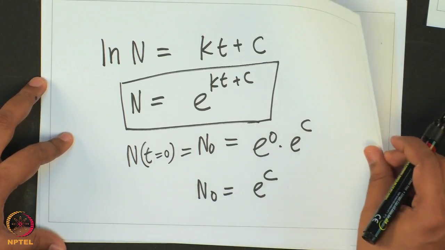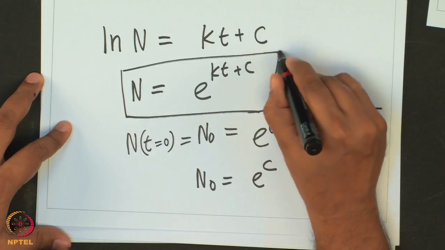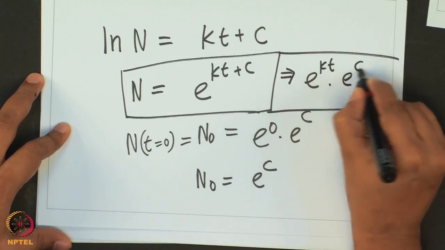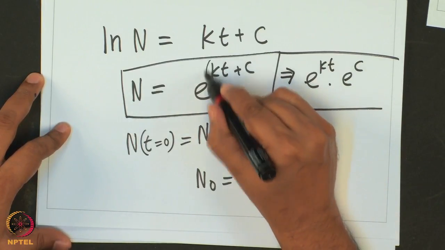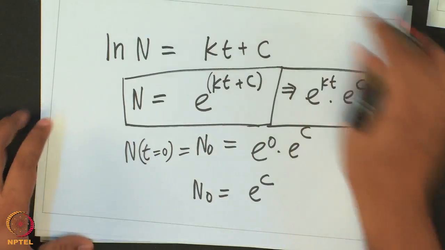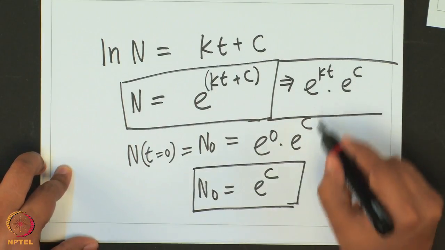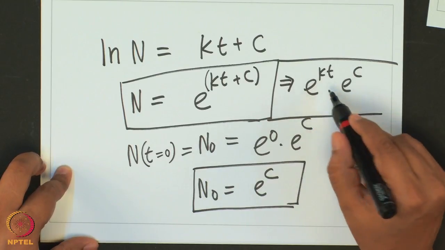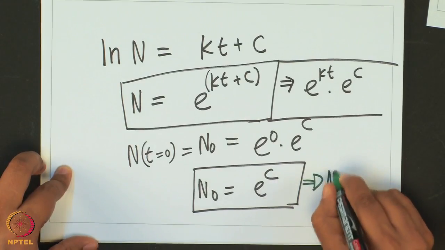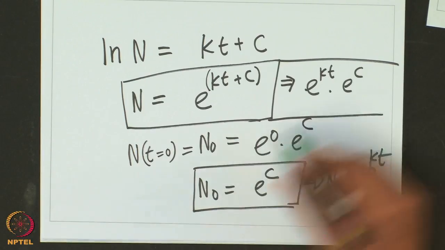Just remember, e power kt plus c is an exponential, and e power a plus b is e power a times e power b. So e power kt times e power c is this, and e power c is N0. So this is nothing but N0 times e power kt. So what we get is that N is N0 e power kt.